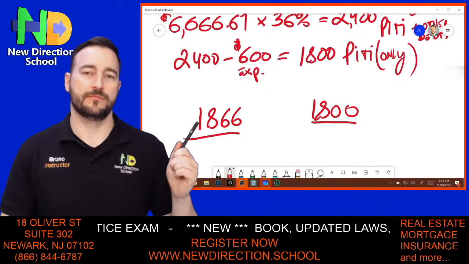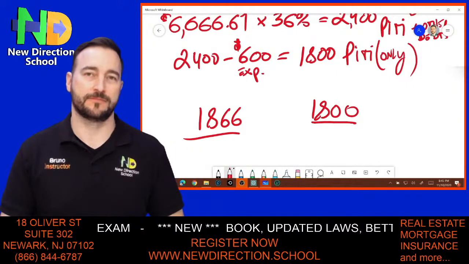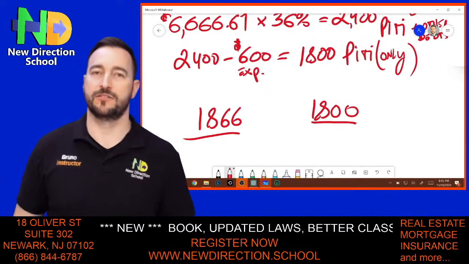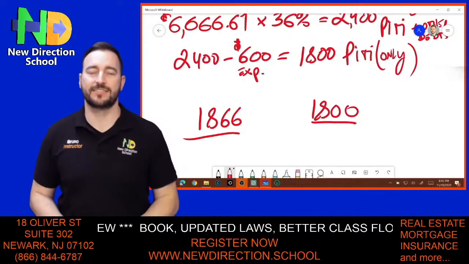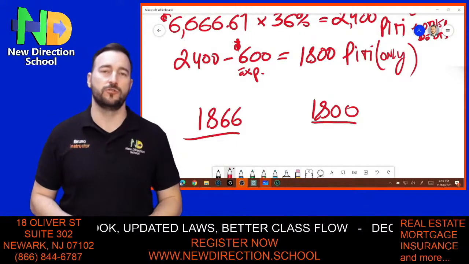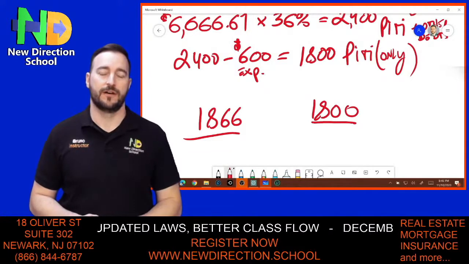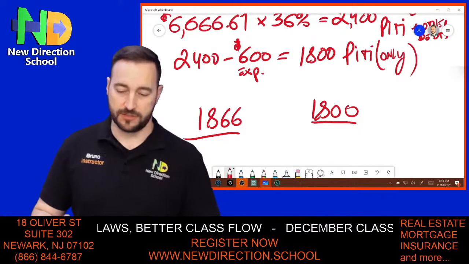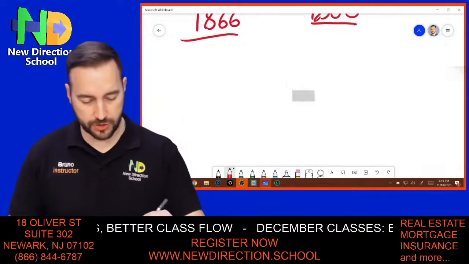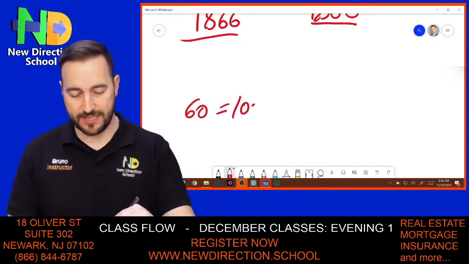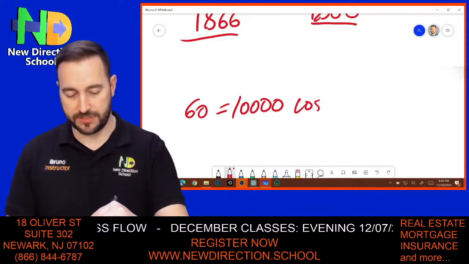So the car cost you $60 in approval. So you guys know, for every $60, more or less, of monthly obligation, you're losing $10,000 of purchasing power. So I'm going to show you again real quick. $60 equals $10,000 loss in purchasing power.